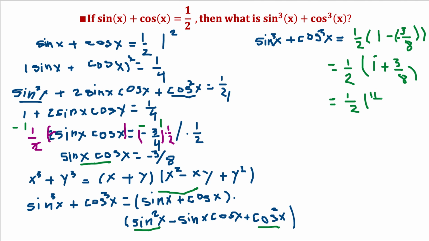And finally, when we multiply everything, this fraction, 3 times 11 is 33, and 2 times 8 is 16. So sine cubic x plus cosine cubic x is equal to 11 over 16. So this is the final result.